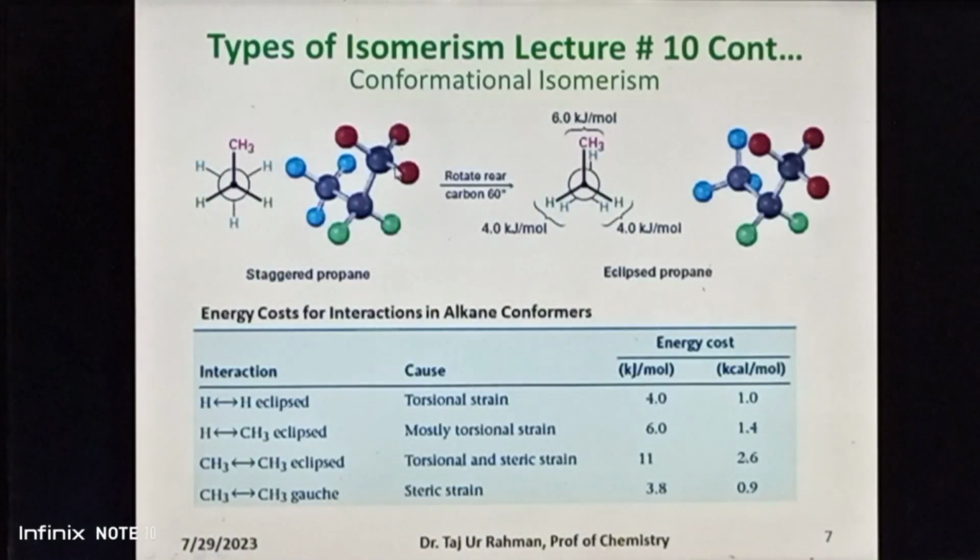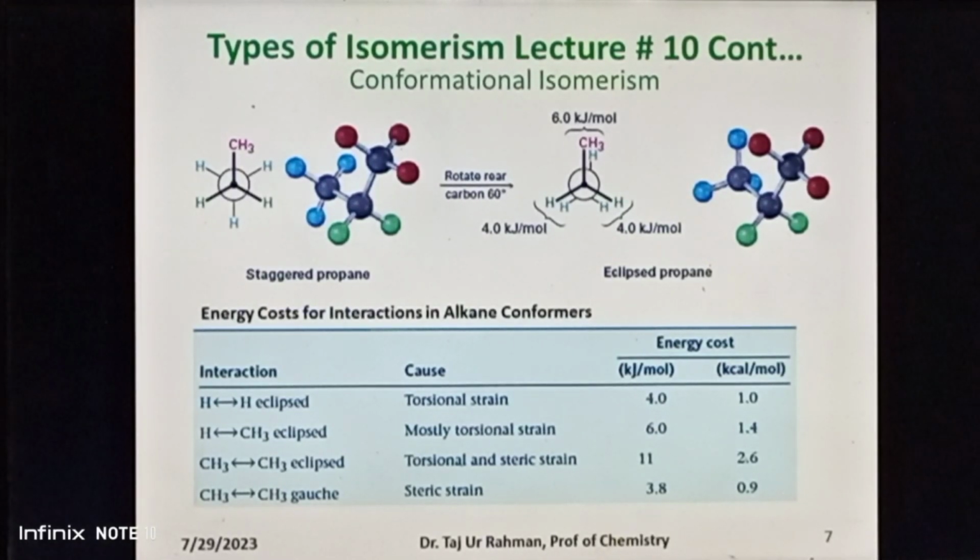These are the ball and stick models of the staggered and eclipsed conformations of the propane molecule. Like ethane, here in propane again two extreme conformations are possible, that is staggered conformation and eclipsed conformation.